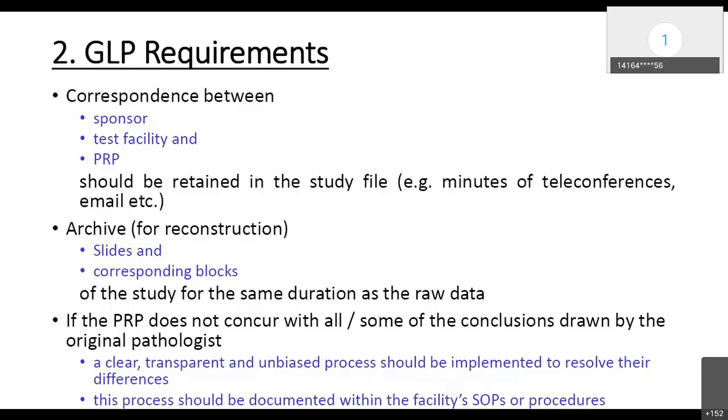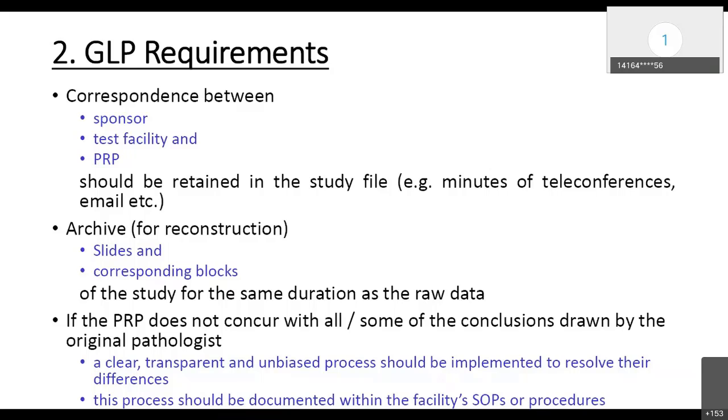The archival duration should be the same as that of the other raw data generated and archived from the study. The purpose of archival under GLP conditions, as all of you must know, is reconstruction.